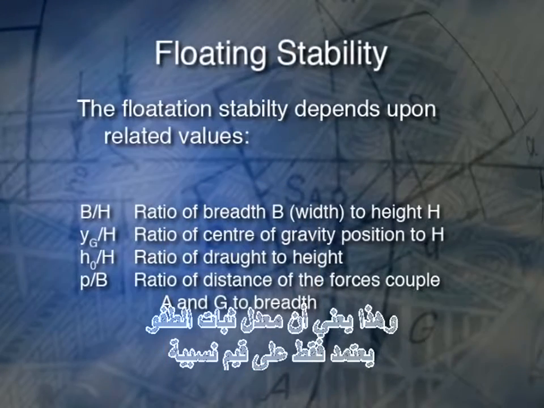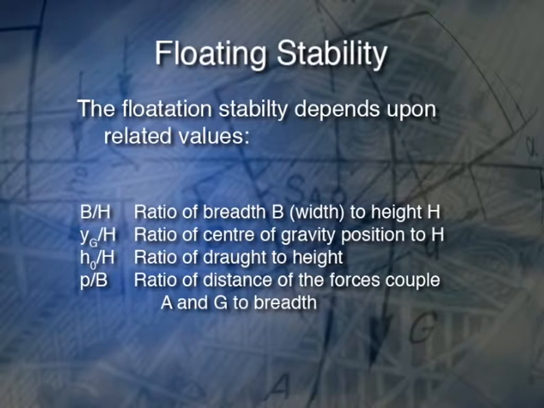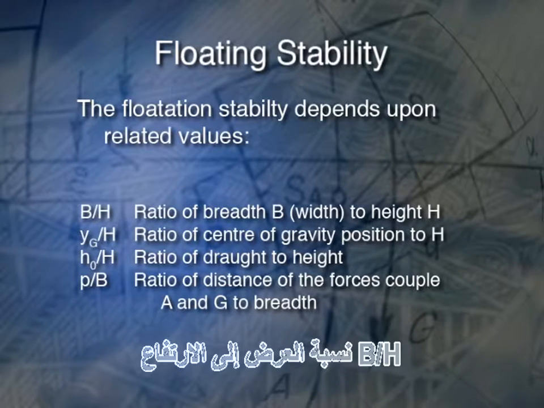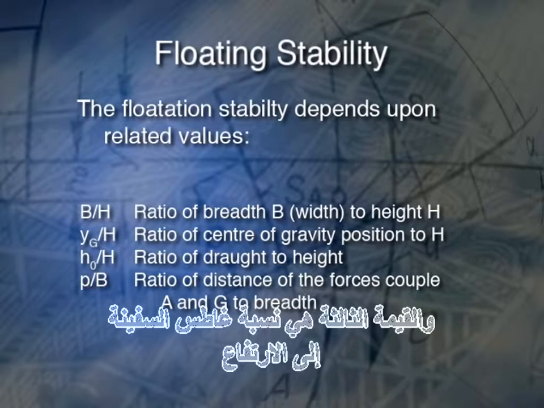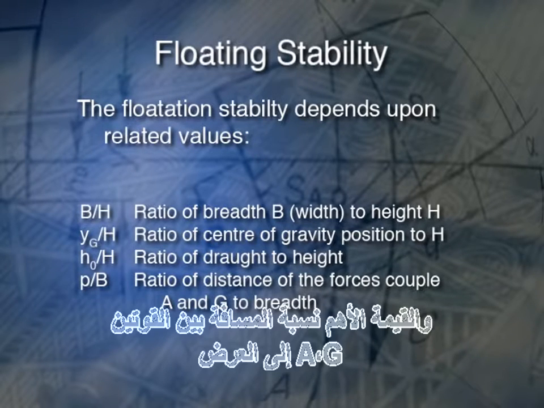That means the floating stability depends only on related values: b over h, the ratio of breadth to height; the ratio of center of gravity to the position of height; the ratio of draft to height; and the very important ratio of the distance of the force couple A and G to breadth.